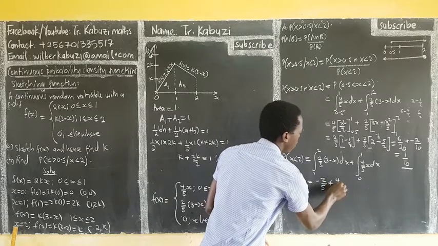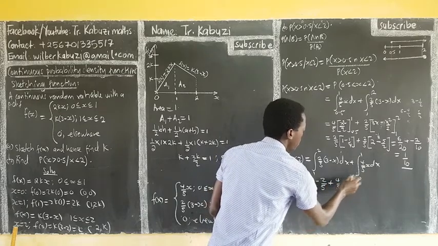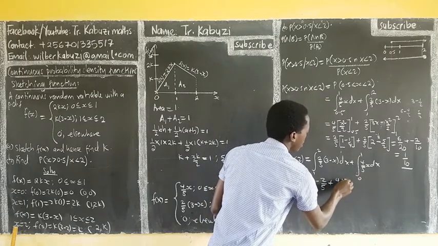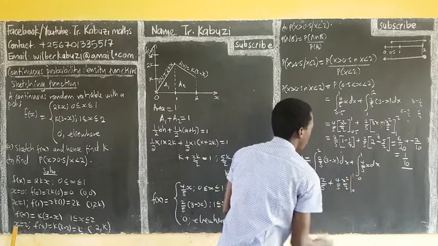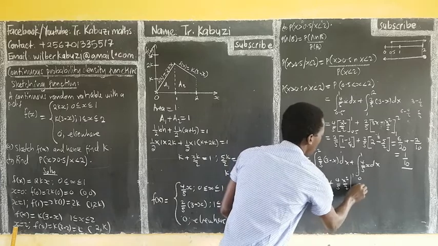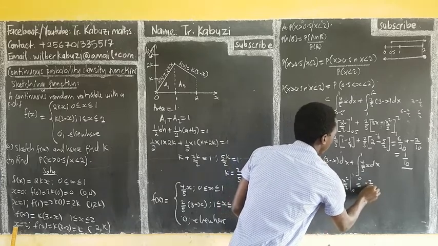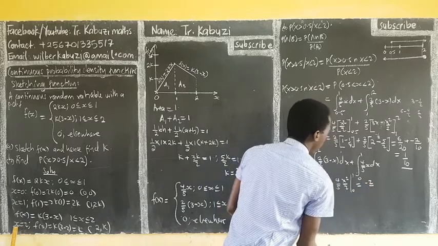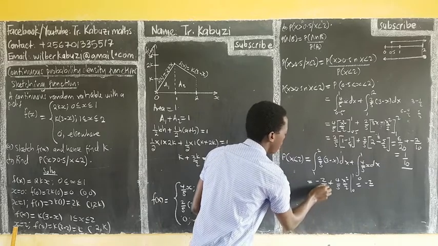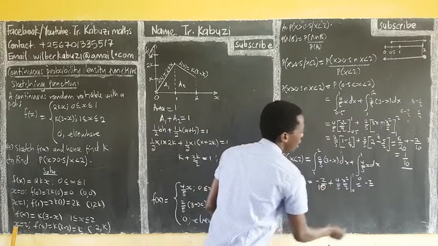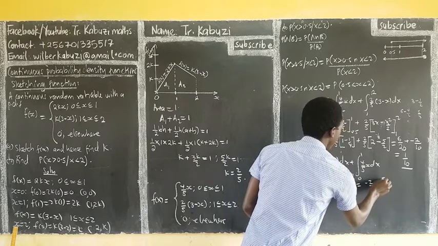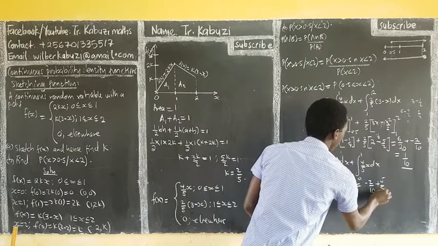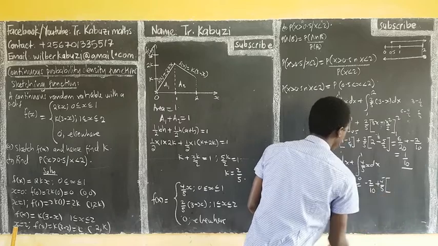We get 4 over 5 times x squared over 2 from 0 to 1. So we have negative 2 over 10, then plus 4 over 5 into the bracket.